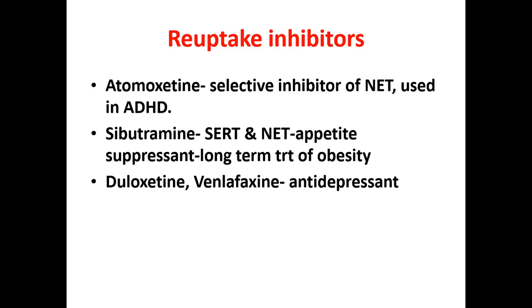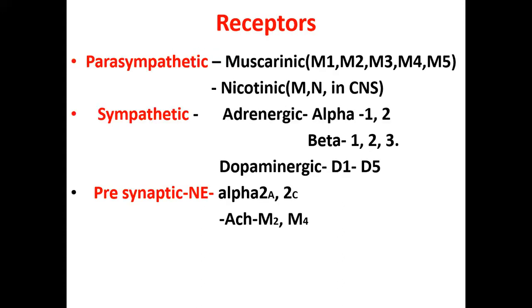Then we have sibutramine, which acts on SERT and norepinephrine transporters and suppresses the appetite, hence it is used in the long-term treatment of obesity. Then we have antidepressant reuptake inhibitors like duloxetine and venlafaxine.